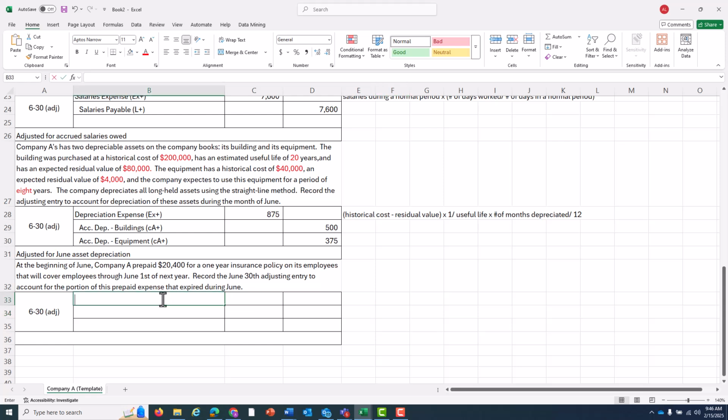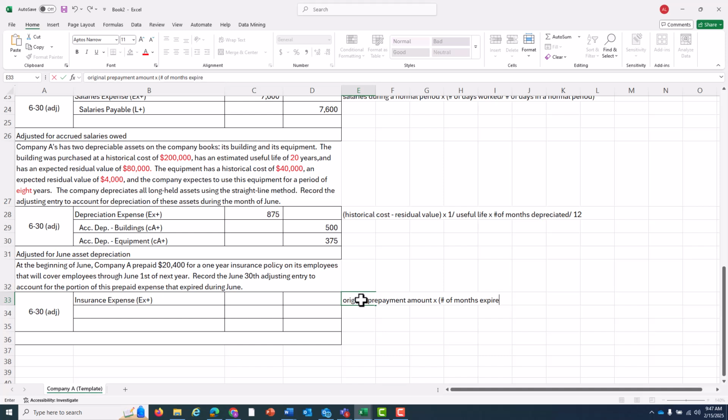We can't expense the whole entire year's worth of insurance costs because a year has not passed. We can only record an insurance expense for the portion of this prepayment that expired. And what I'm going to have for my formula here is I'm going to take the original prepayment amount, how much we paid up front for this insurance policy, and I'm going to multiply that by the number of months expired over the number of months prepaid for.